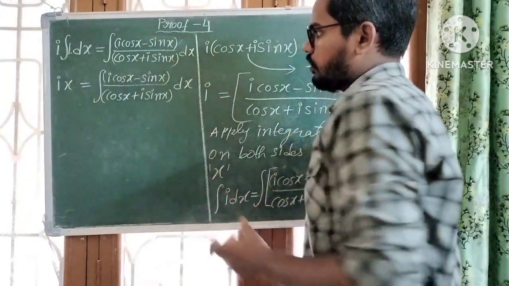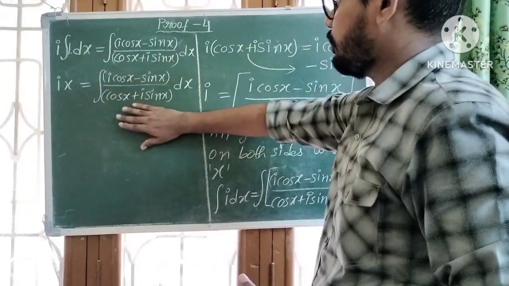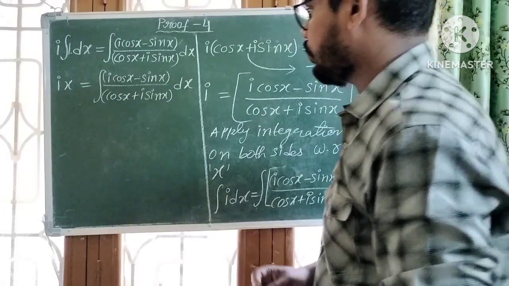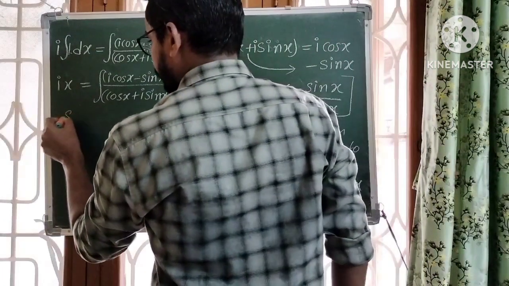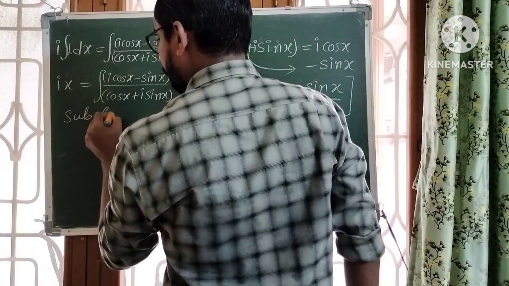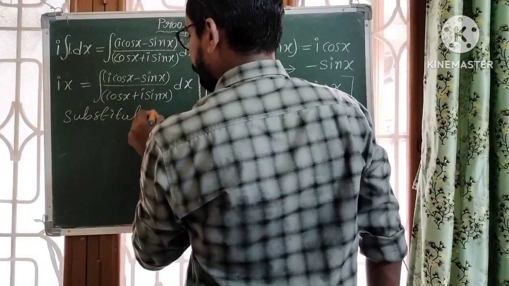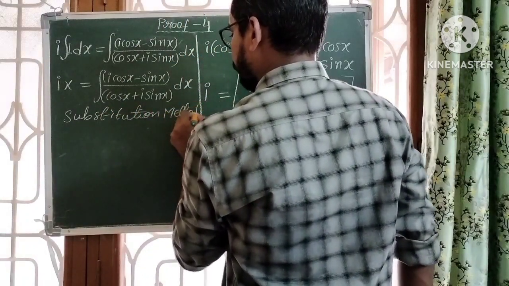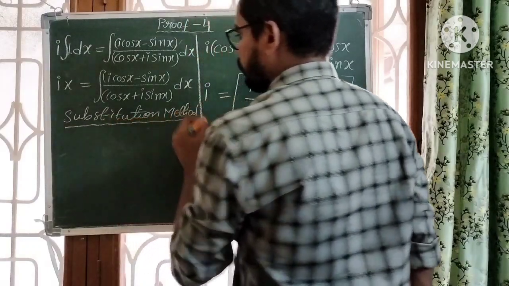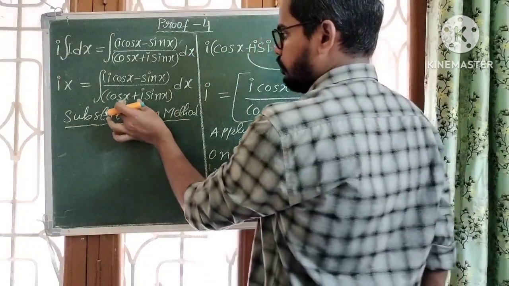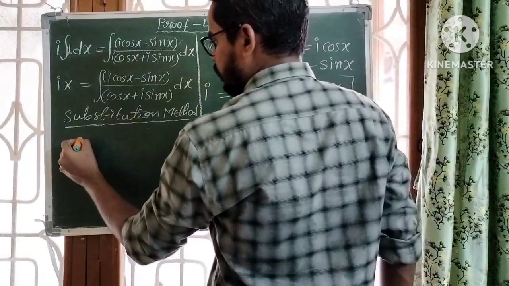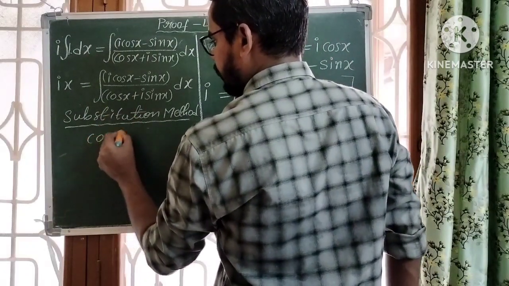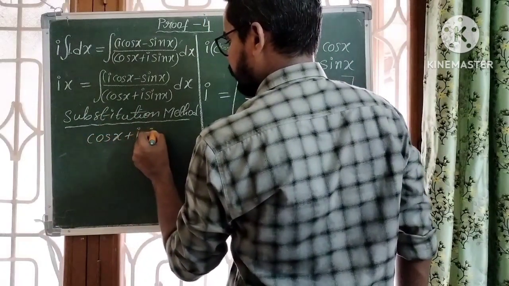We can solve this integration by using the substitution method. There are different methods in integration, and I am going to use the substitution method. Observe the denominator: cos x plus i sin x.